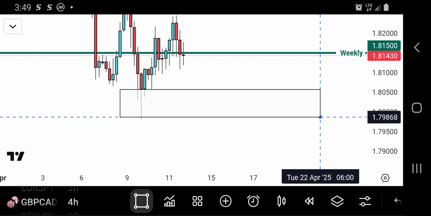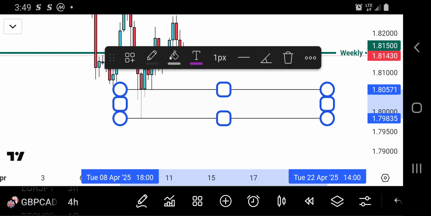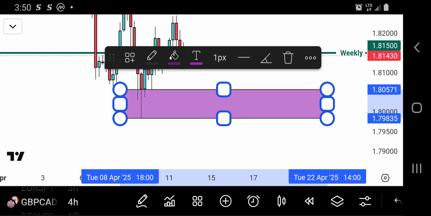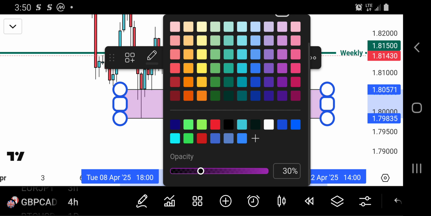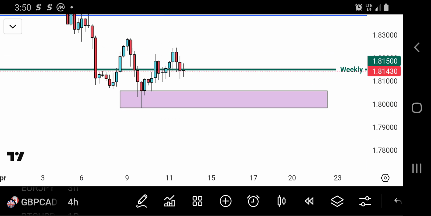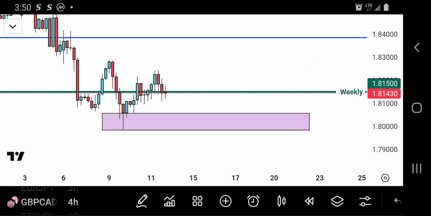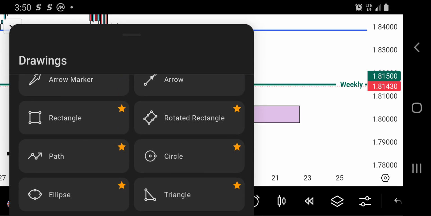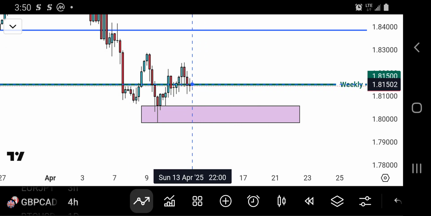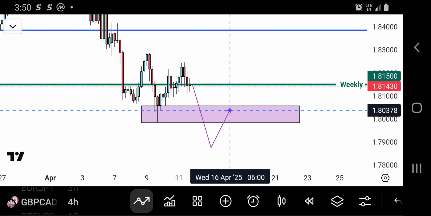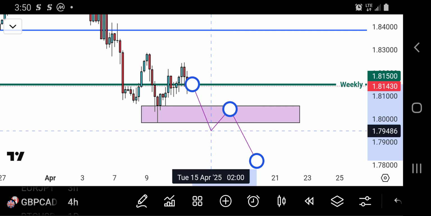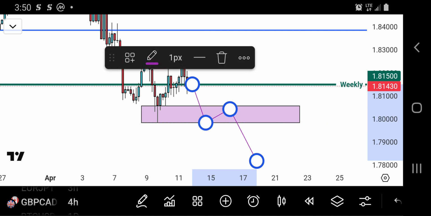I'd like to see the market do something like this, then I can start shorting from here. What the market can do is come here, and I want to see a daily candle close bearish like this.